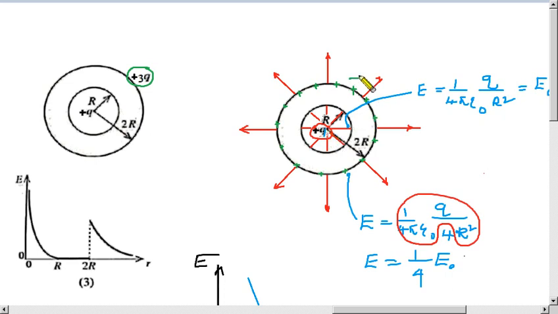So positive 3Q. That means we can move it like this, positive 3Q. So I can delete all these positive marks and take this 3Q to the center.